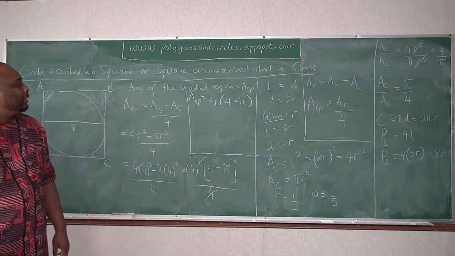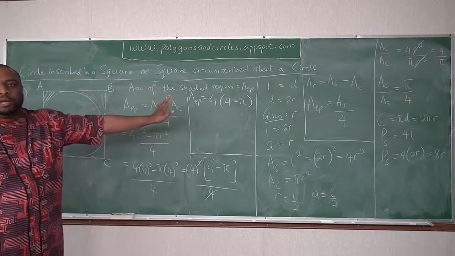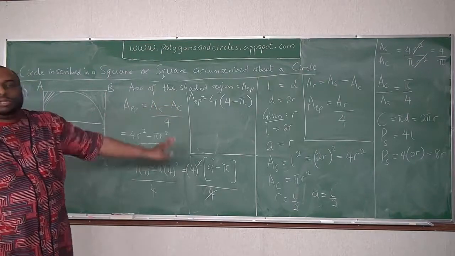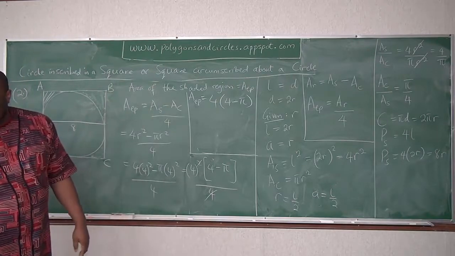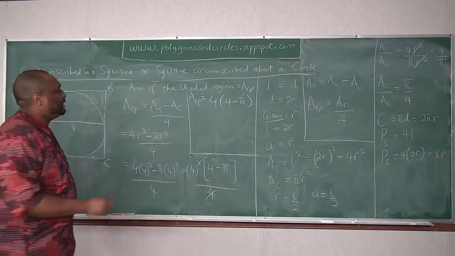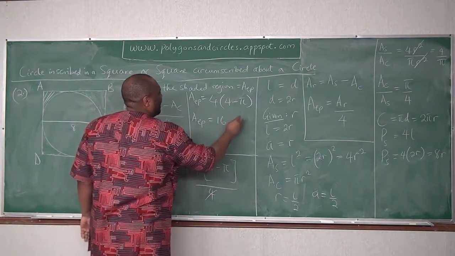Right here they didn't put it like this, but I will prefer it this way. For my students, I want you to put it in factored form. But in the ACT options, they didn't put it like this. So area of each part here will be 16 minus 4 pi.